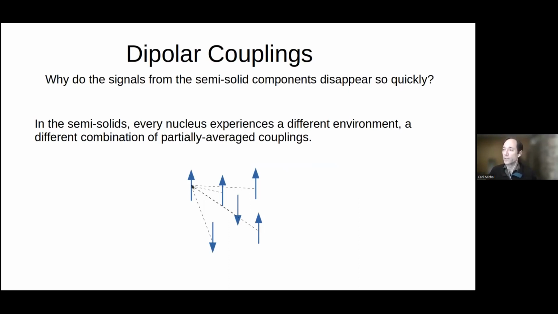If we look at one spin here and look at its neighbors, it has some distribution of neighbors that are spin up and spin down at different distances and different orientations. But if you look at a different spin, it's going to see some different environment. So all of these spins see different local fields, and that's what gives rise to this much broader distribution of resonant frequencies and this much faster decay in the time domain of the NMR signals.